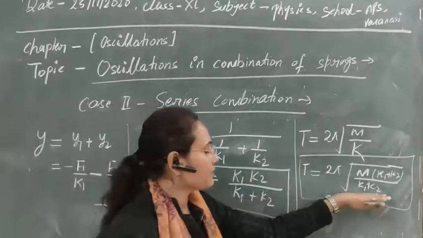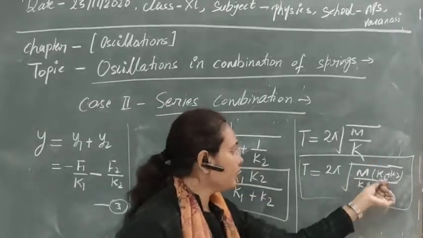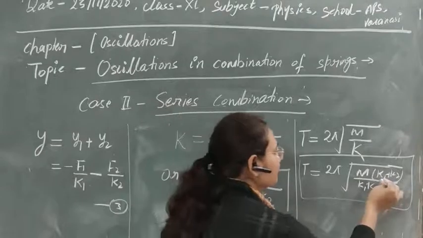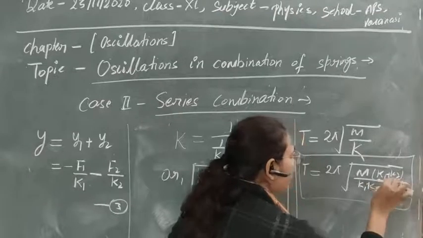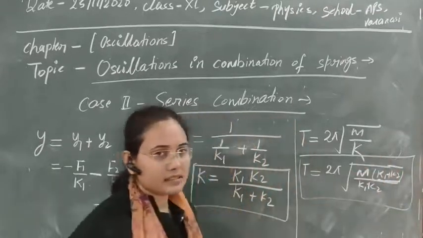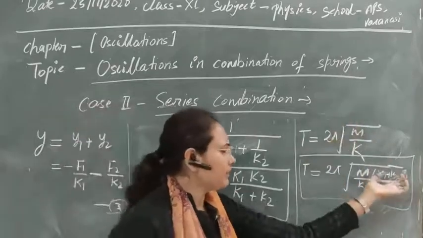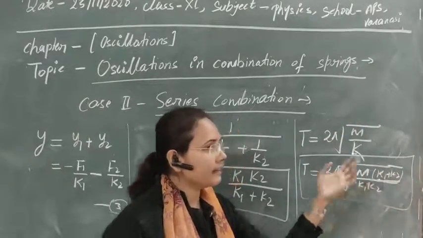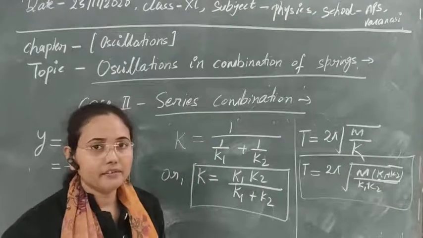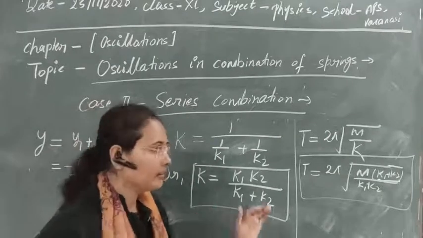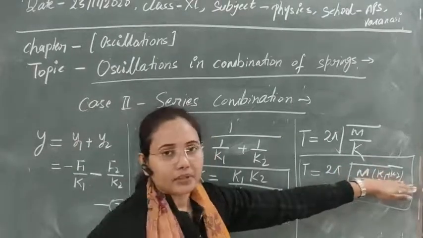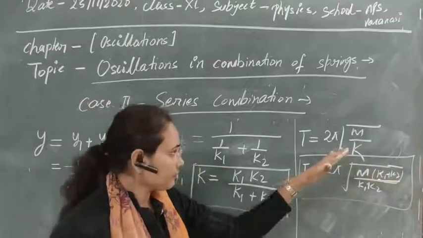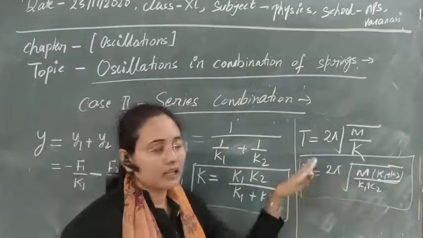Actually, in this situation, we see that the sum is in the numerator, so we can say that if the number of springs connected in series increases, the time period will increase.